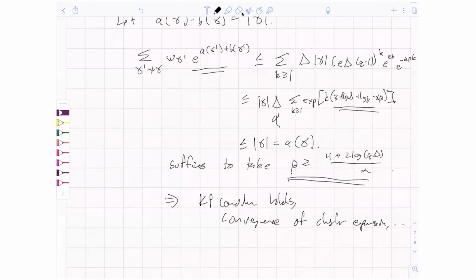It's just much harder to control these error terms in the cluster expansion. When they do analyze multi-body interactions, usually they find a way to massage the model and reduce to a pairwise interaction model, because we have all these nice convergence criteria. But you can certainly define a model like that, and it makes sense and it's useful. The question is, how do you show convergence? And maybe it's best to somehow reduce to pairwise.